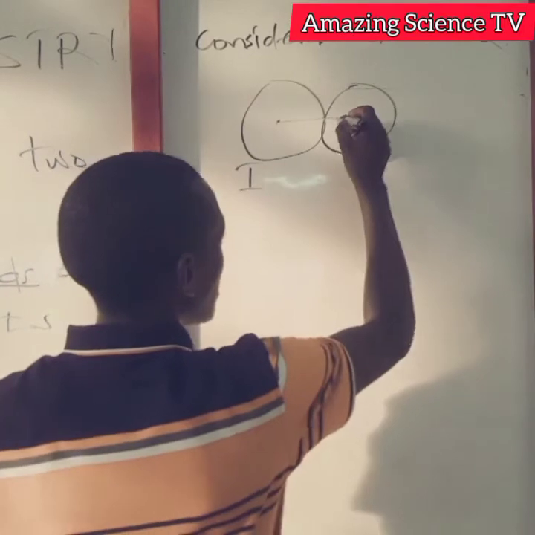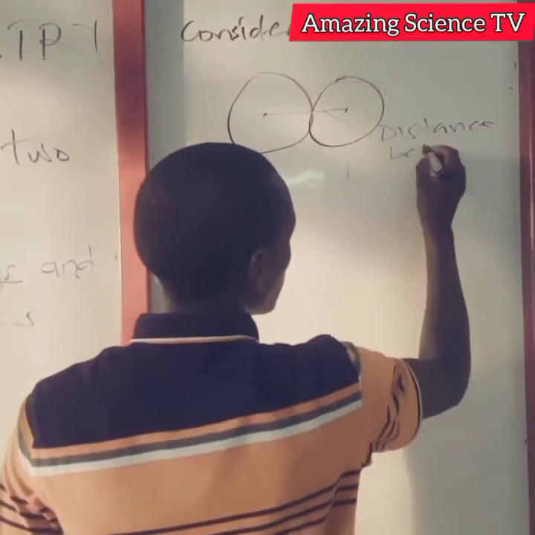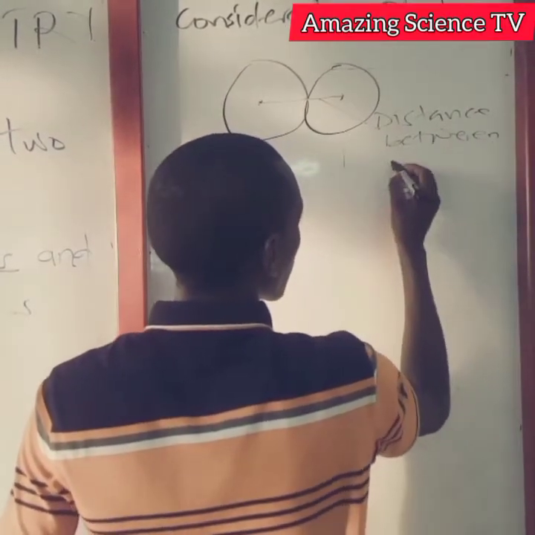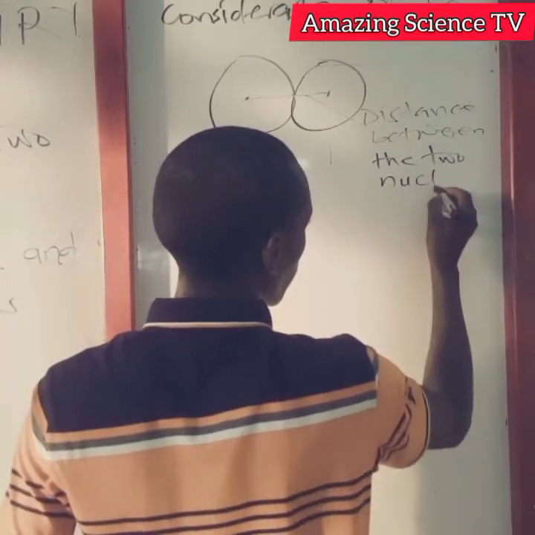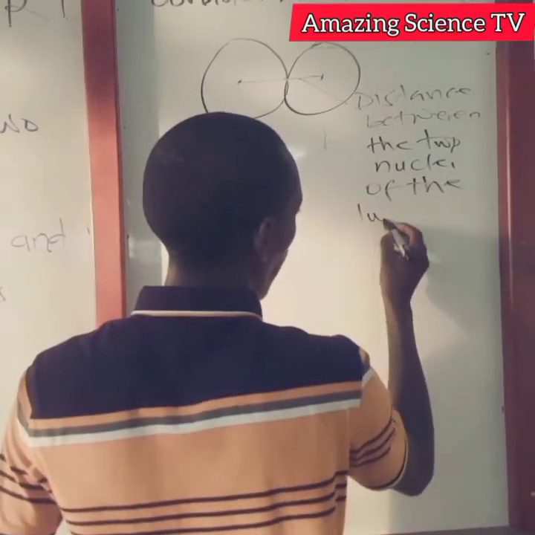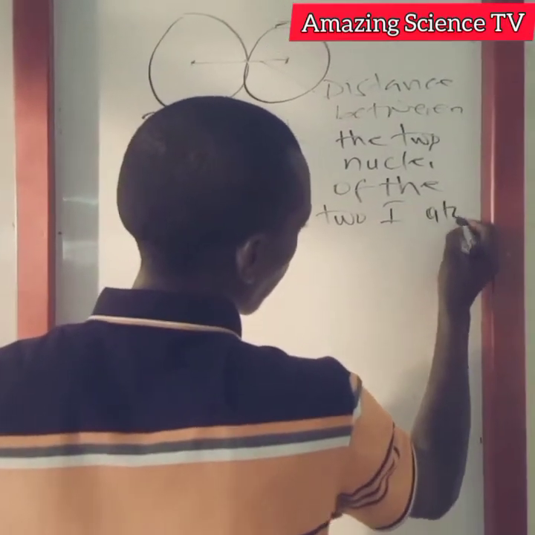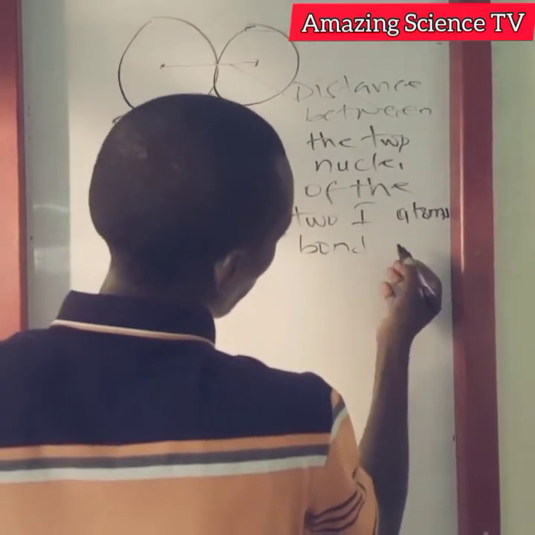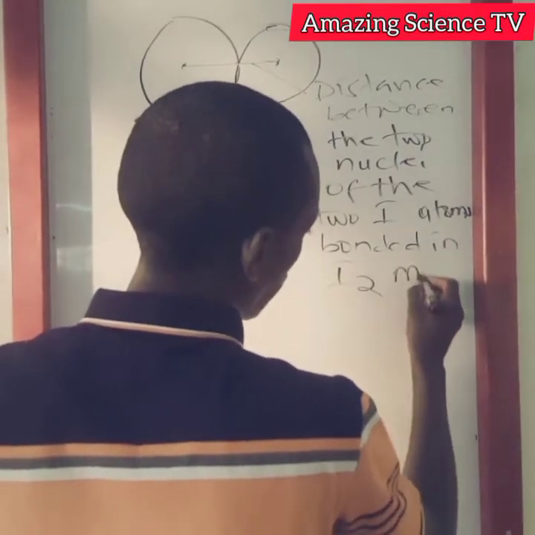So this distance is the distance between the two nuclei of the two iodine atoms bonded in the iodine molecule.